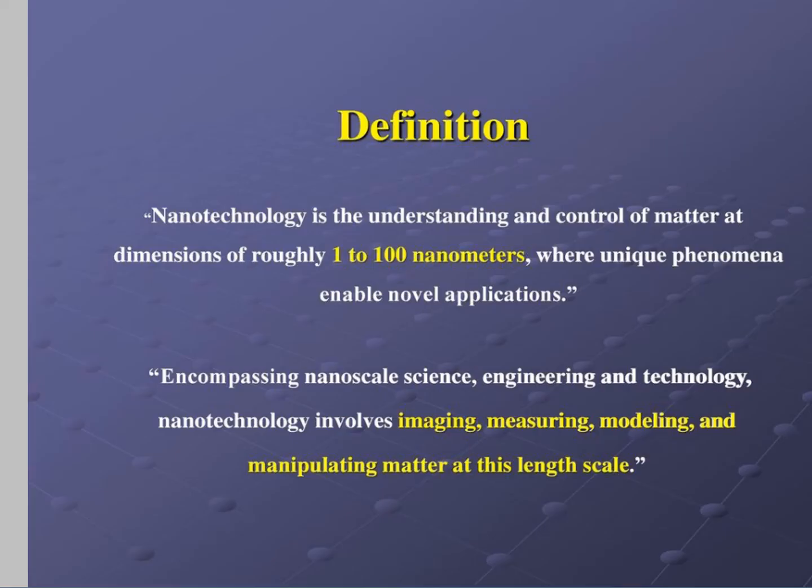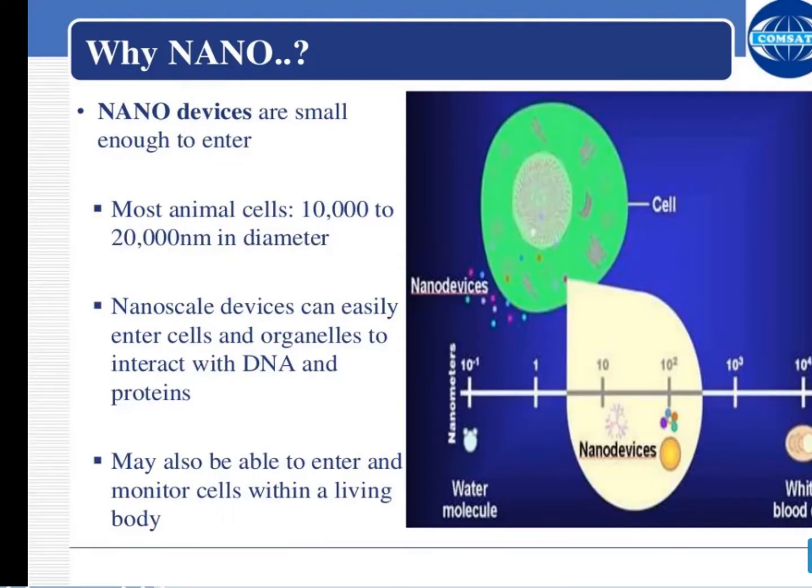Here we present the definition of nanotechnology: the understanding and control of matter at dimensions of roughly 1 to 100 nanometers, where unique phenomena enable novel applications. Encompassing nanoscale science, engineering and technology, nanotechnology involves imaging, measuring, modeling and manipulating matter at this length scale.